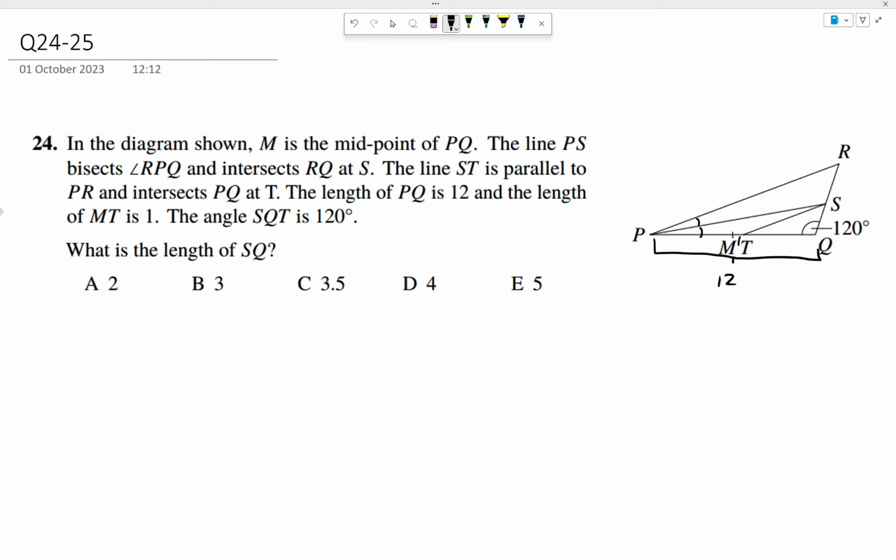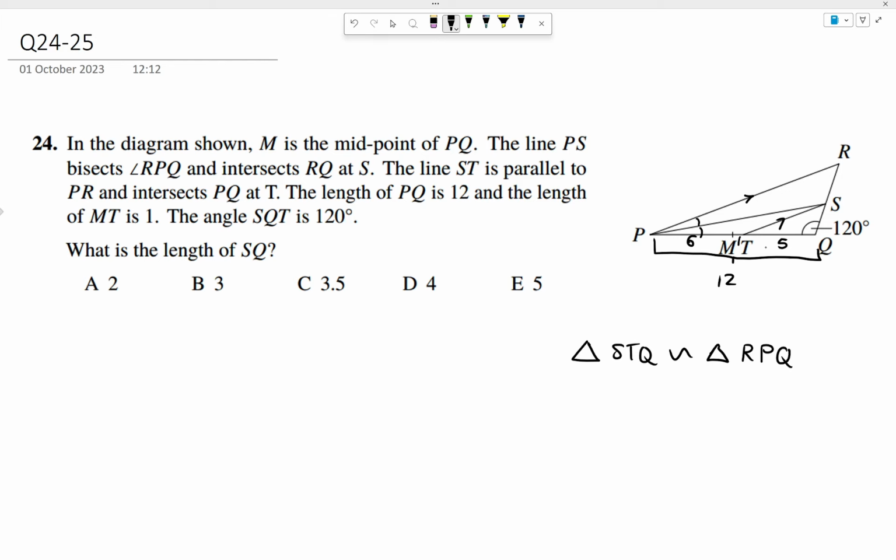So because M is the midpoint of PQ, PM is going to have a length of 6 and MQ is going to have a length of 6. But because MT has a length of 1, that means that TQ has a length of 5. Then the next thing I'm going to notice is because ST is parallel to PR, that means that triangle STQ is similar to triangle RPQ because this line is parallel to this line.